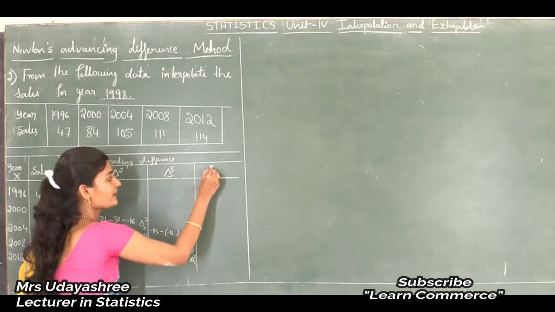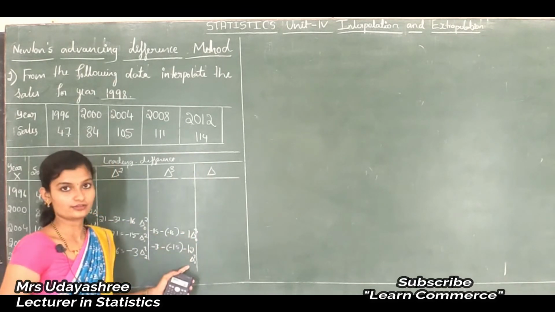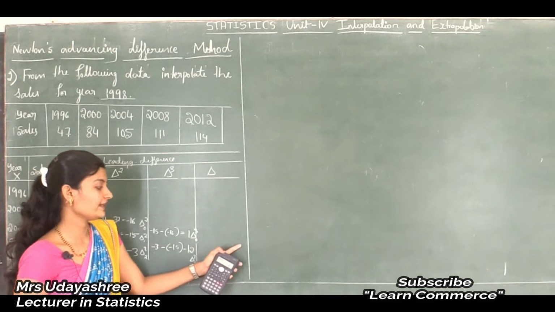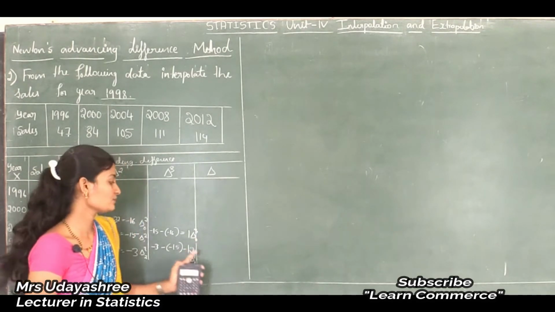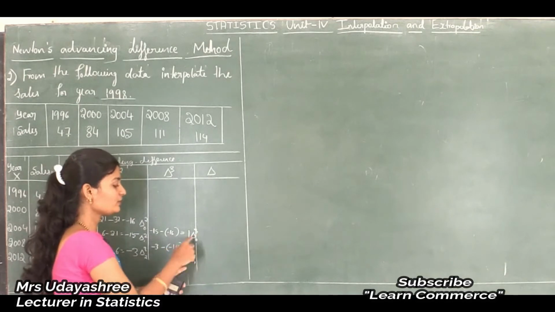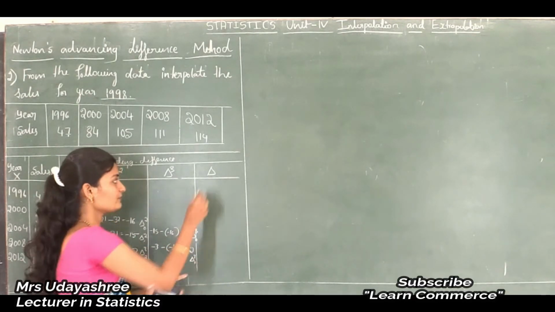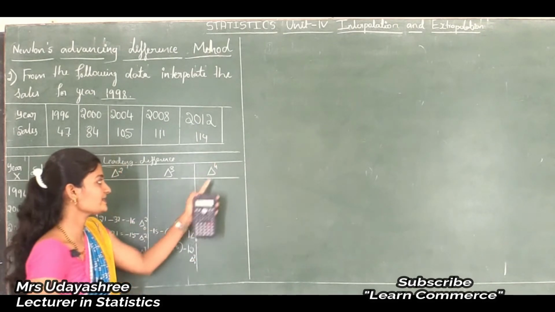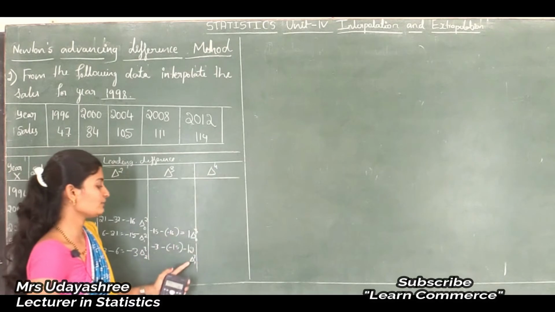How to find the next observation? We need one more column because here we got two values. We continue the steps until we get a single value. So we need one more column, that is the fourth leading difference. How to find it?